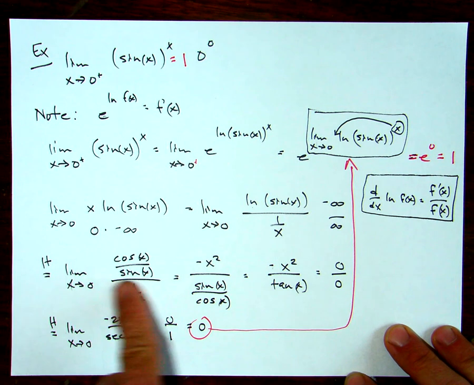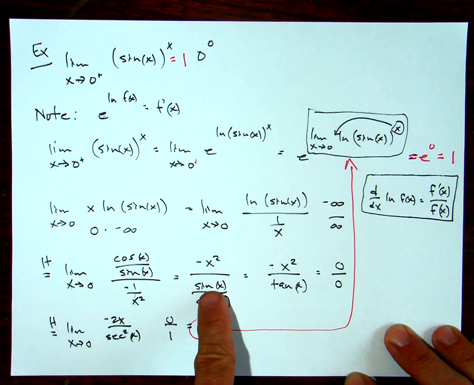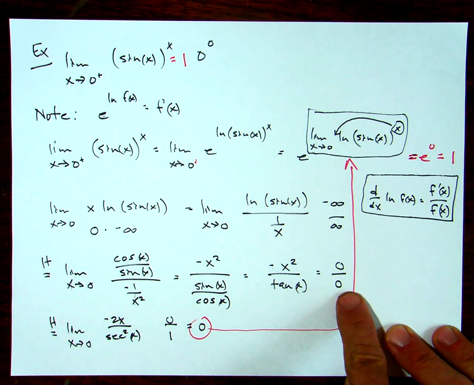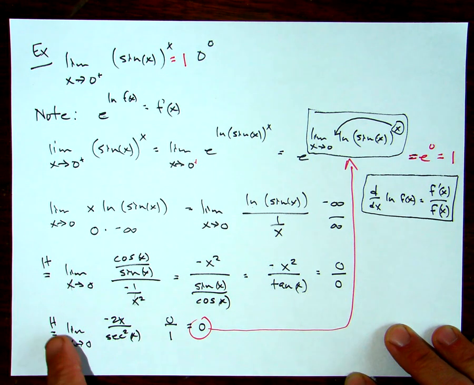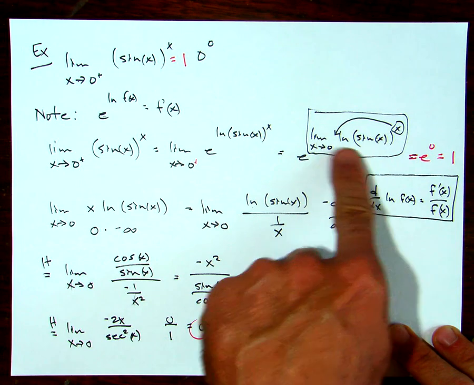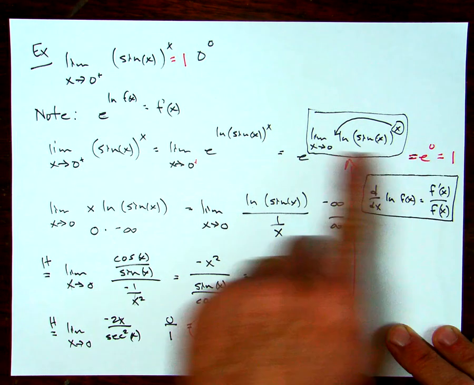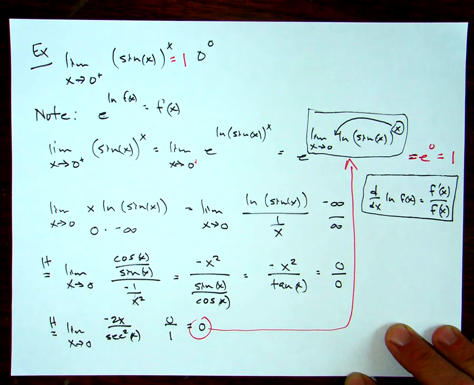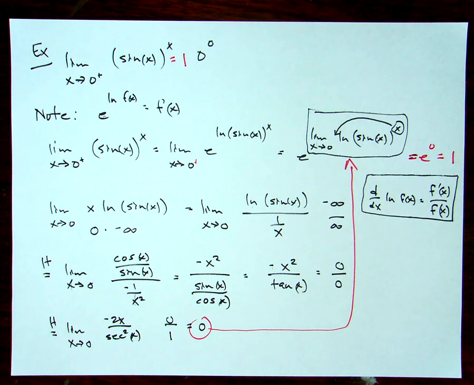I pointed out that sometimes what we want to do is first simplify it algebraically and see what we have before we apply L'Hopital's rule again. We did that, we applied L'Hopital's rule, we got our limit, and we put that back in as the power of e to find the limit of the original function. So again, this is a more complicated example, but it shows a lot of different techniques that you might use while working with L'Hopital's rule and indeterminate limits.